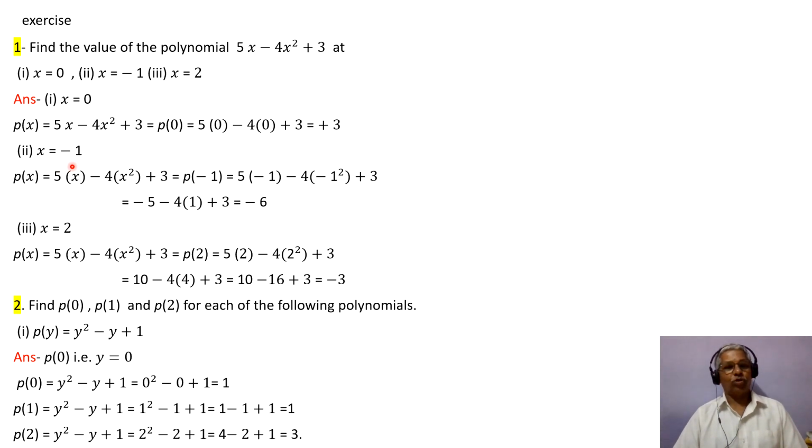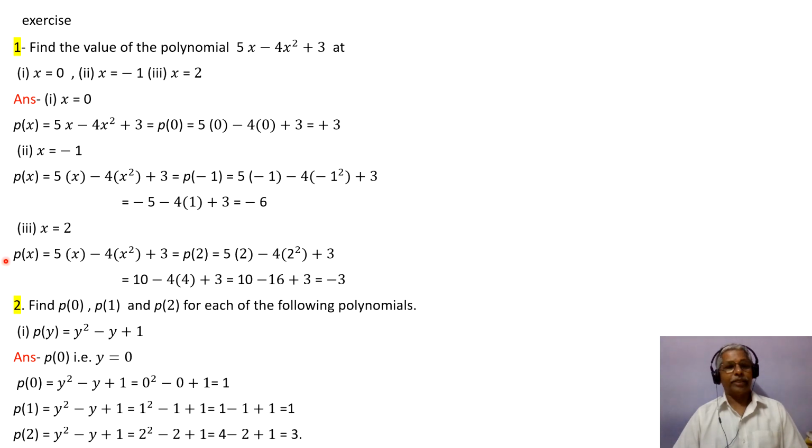Now x equal to minus 1. Writing all this as it is, you have to write it because it is very easy to substitute then. p of minus 1 is equal to 5 into minus 1 minus 4 into minus 1 square plus 3. If you solve this, minus 5, this is 1, so minus 4 plus 3 is minus 6. And third one, x equal to 2.